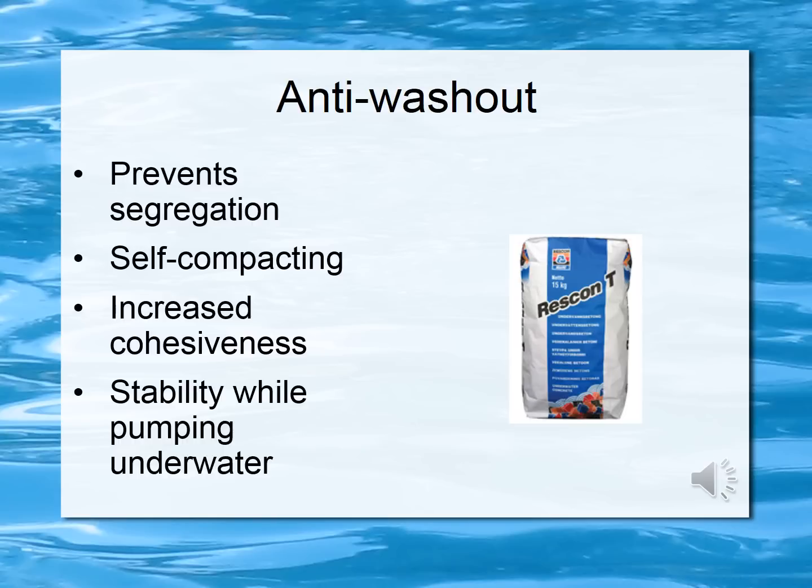They help to prevent segregation and increase cohesiveness like silica fume. They also are essential in ensuring that the placement of the concrete works. They help to self-compact the mix and help to stabilize the concrete while it's being pumped underwater.